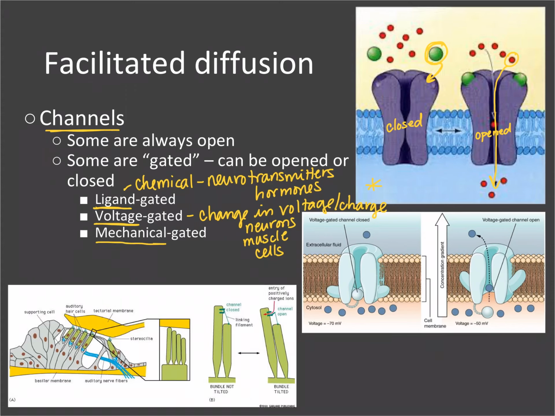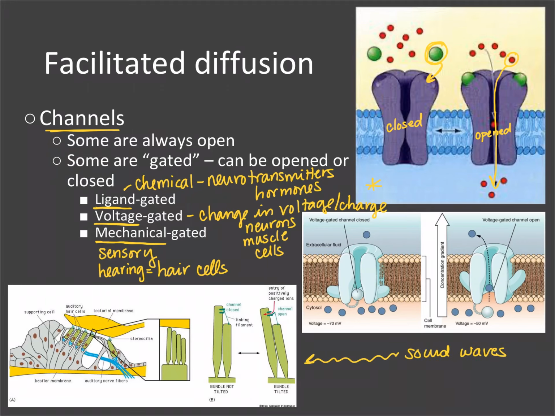Mechanical gated channels are ones that we find in some sensory receptors. So for example, the sensory receptors for hearing are called hair cells. And hair cells are mechanically gated. And what happens is that sound waves move into the ear, and these sound waves physically bend these structures.